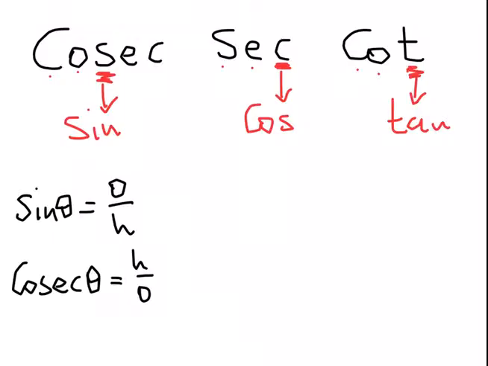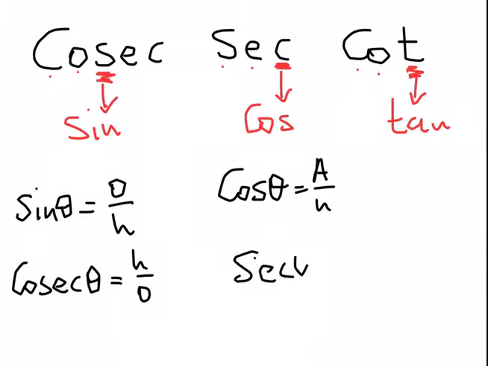That's it. You just need to know which one is the reciprocal of which. So when it comes to cos, we do know very well that cos of whatever angle is the same as adjacent over hypotenuse, which means the reciprocal will just be h over a. That's it.